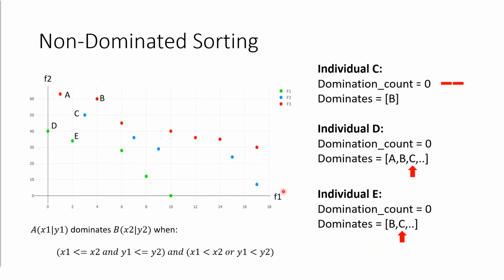To find the third front F3, this process is just repeated one more time, and this time iterating through all individuals in front number 2, subtracting again and seeing which domination counters get to 0 and adding them to the next front. This process is repeated until all individuals belong to one front.